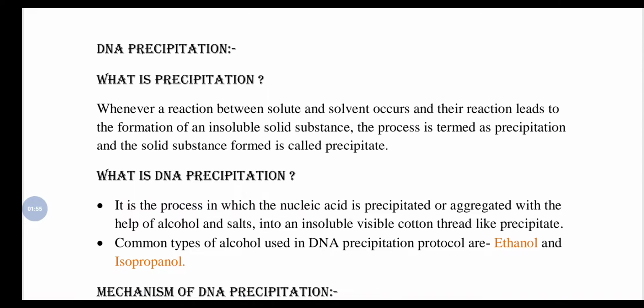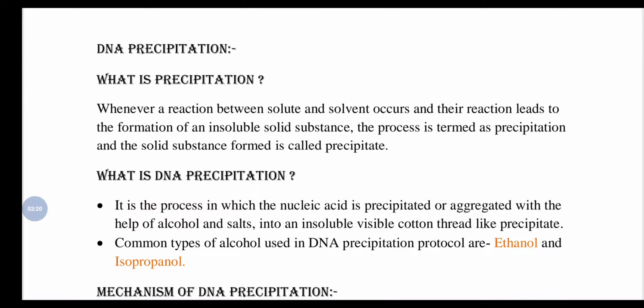Whenever a reaction between the solute and solvent leads to the formation of an insoluble solid substance, this process is termed precipitation, and the solid substance formed is called the precipitate. As simple as that. Now, what is DNA precipitation?